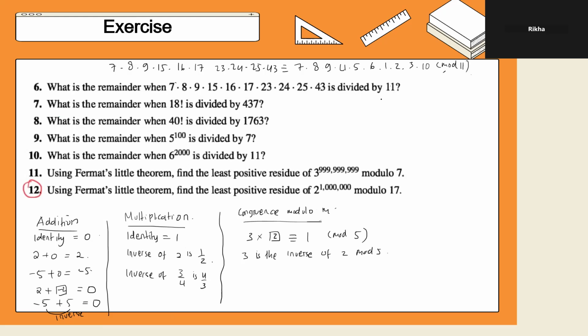Modulo 11. Now, which ones are the inverse of each other, do you think?